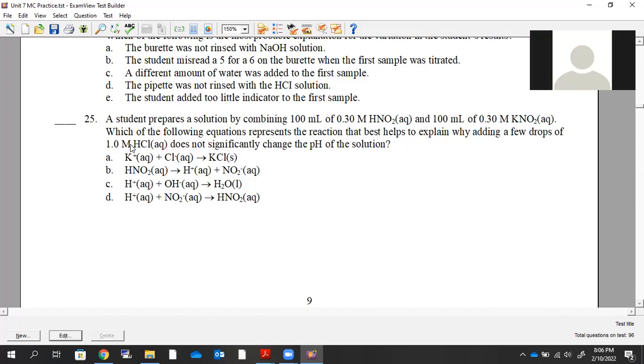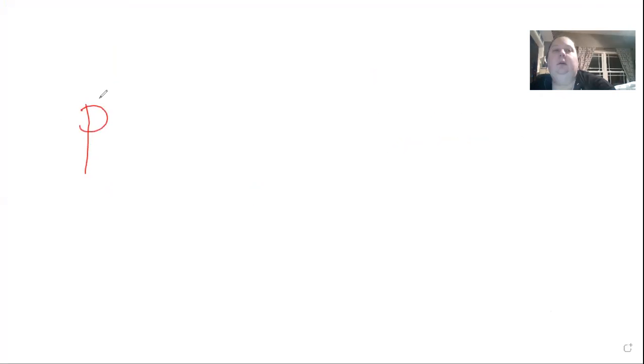Is a buffer able to be made from any amount of concentration between an acid and its conjugate base, or does it have to be the same? No, it can be any concentration. The buffers that are most resistant to pH changes have equal concentrations, but sometimes, let me get something that I can write on. Because of the Henderson-Hasselbalch equation, right?